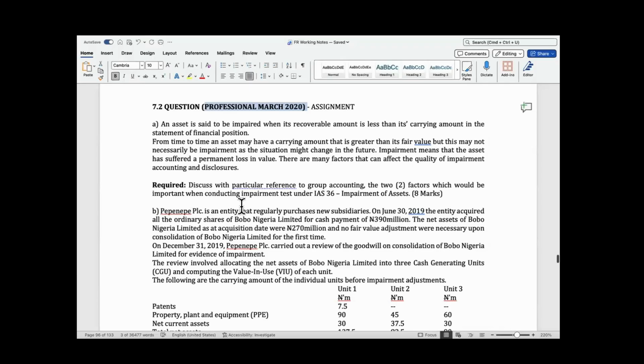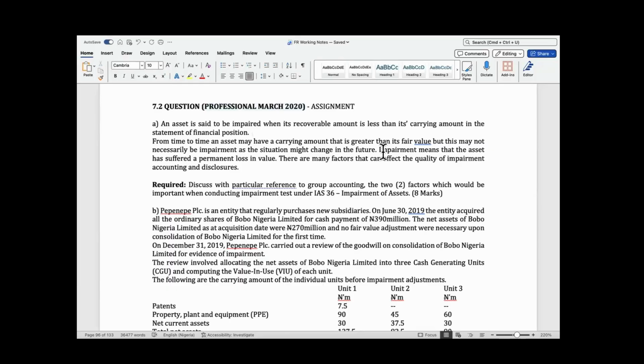So they said an asset is said to be impaired when its recoverable amount is less than its carrying amount in the statement of financial position. Yeah, true. They said from time to time, an asset may have a carrying amount that is greater than its fair value, but may not necessarily be impaired as the situation might change in the future.